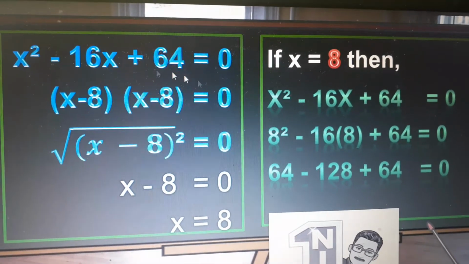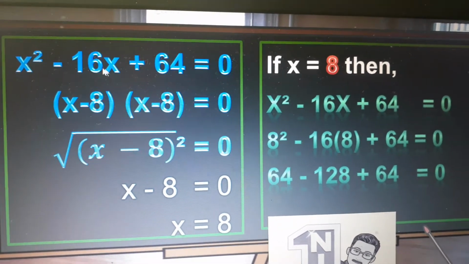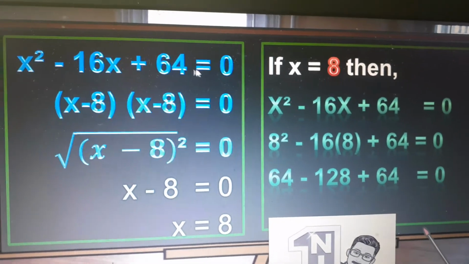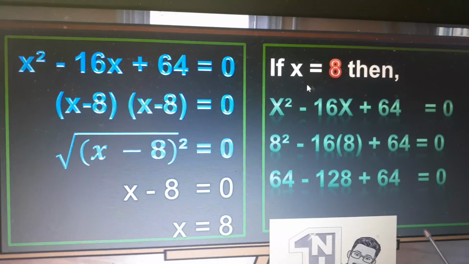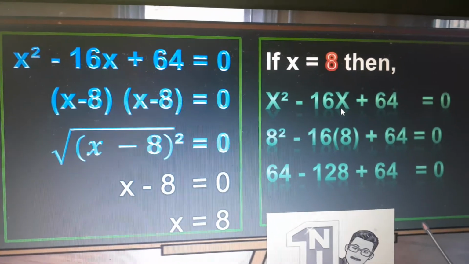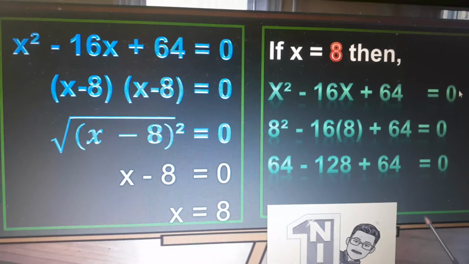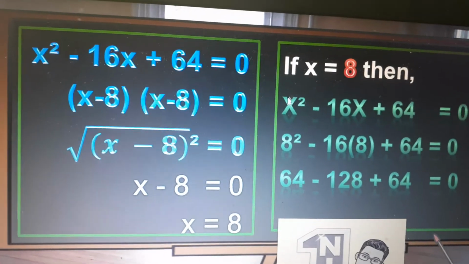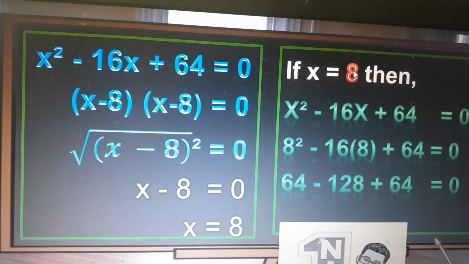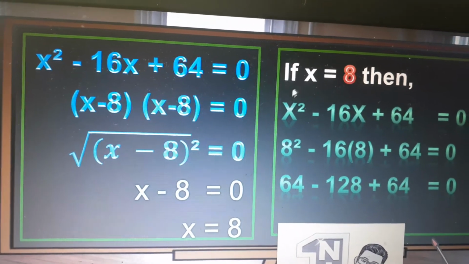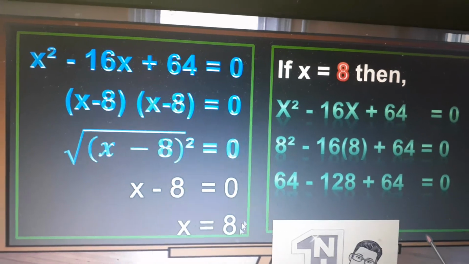So, ang ating equation kanina is x squared minus 16x plus 64 equals 0. Yung x, papalitan natin ng 8. Ang sabi niya, yung x daw po natin is equal to 8. Yun po yung nakuha natin dito.